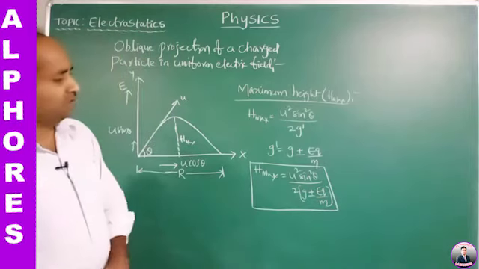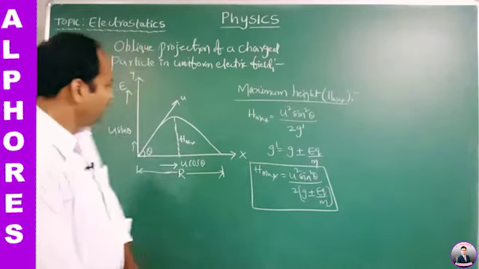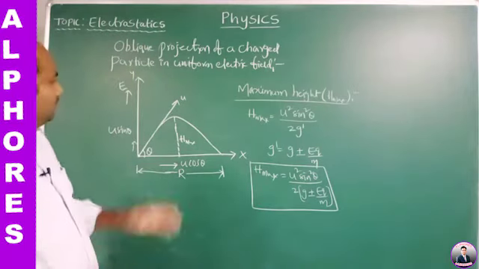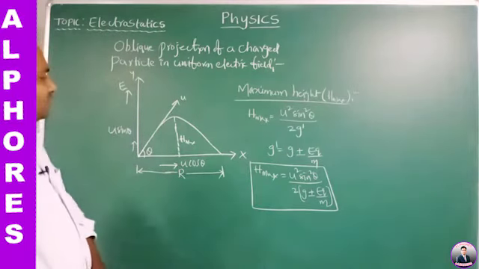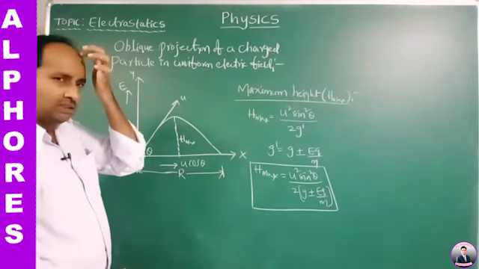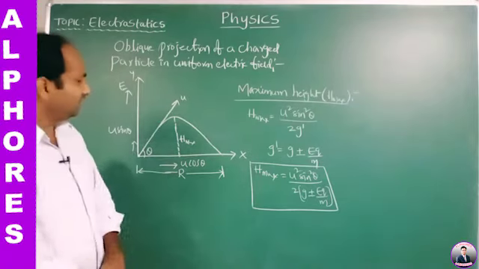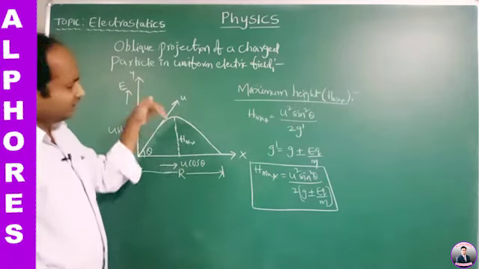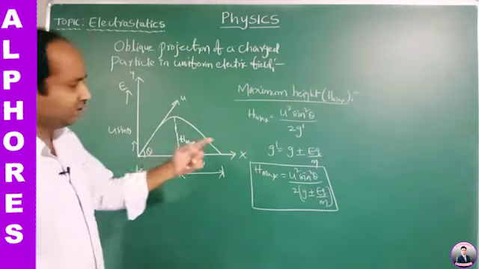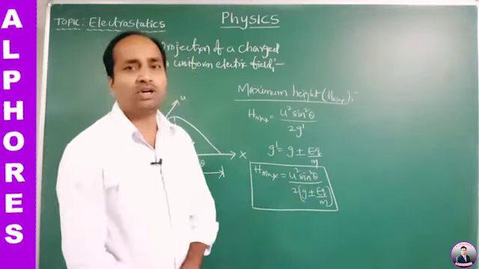Again, we should know when to take the positive sign and when to take the negative sign. For this diagram, the electric field is upwards. If the charged particle is negative, the direction of force is opposite to the electric field, means downwards. Gravitational force is downwards, so you should take plus: g plus eq by m.